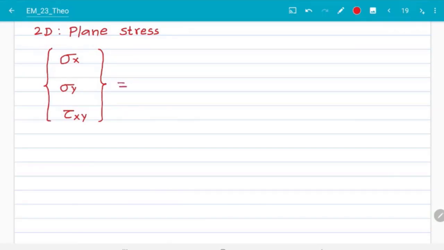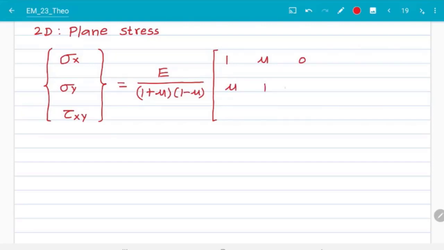This is equal to E, Young's modulus, divided by 1 plus mu, where mu is Poisson's ratio, into 1 minus mu, into the matrix: 1 mu 0, mu 1 0, 0 0 (1 minus mu) by 2.